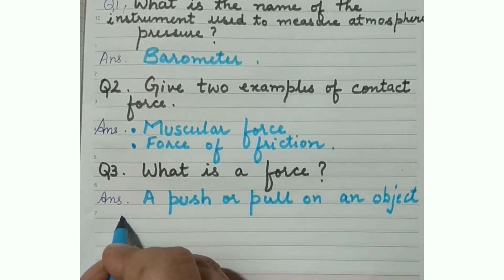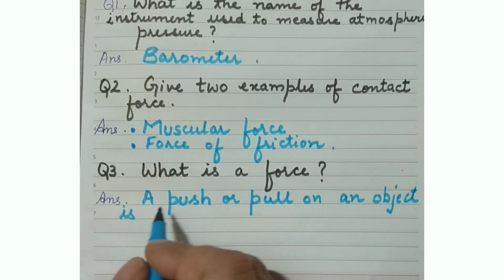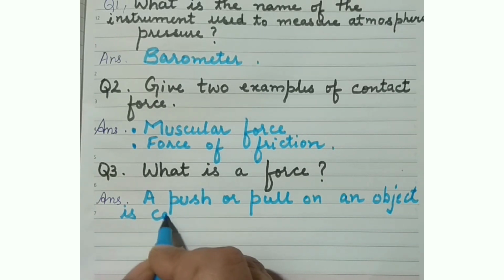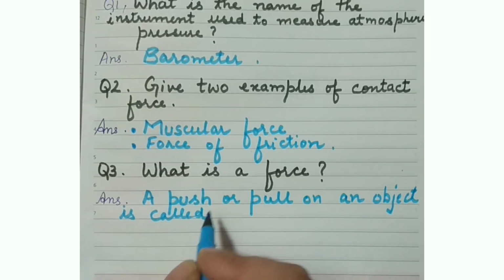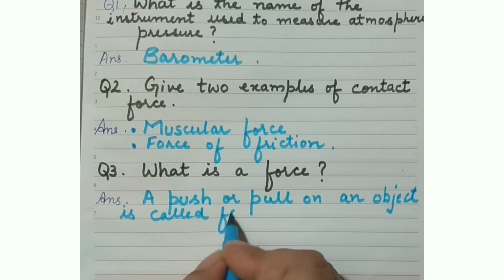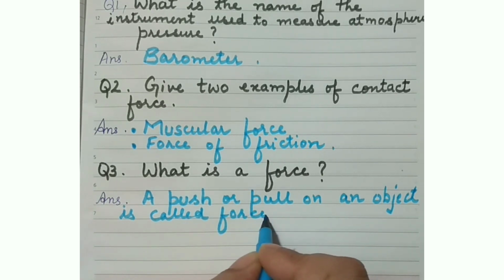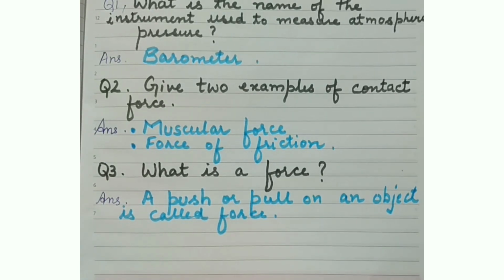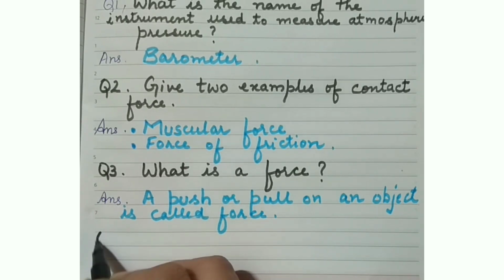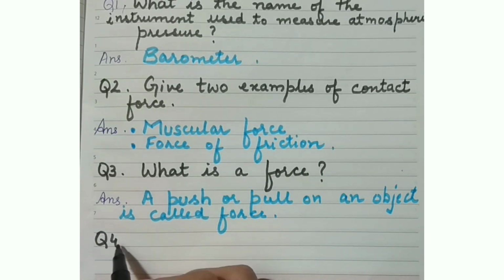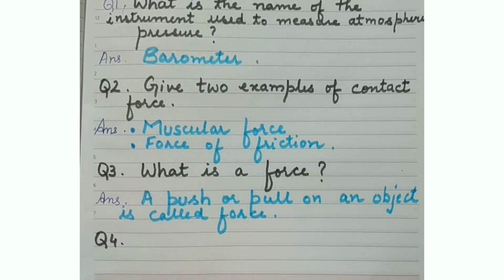Next is our question number 4. Now there are various types of forces. When we are talking about contact forces, we are naming them as muscular force and frictional force. Other forces are also there: electrostatic force, magnetic force.